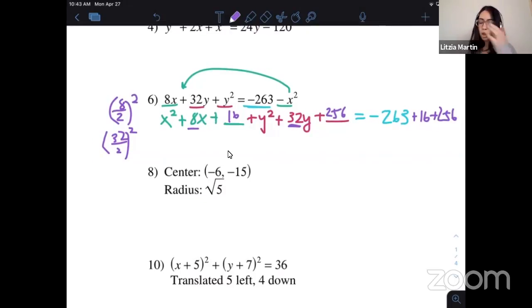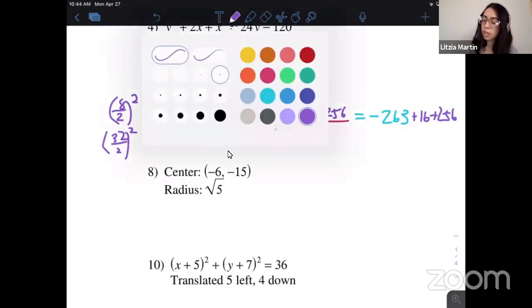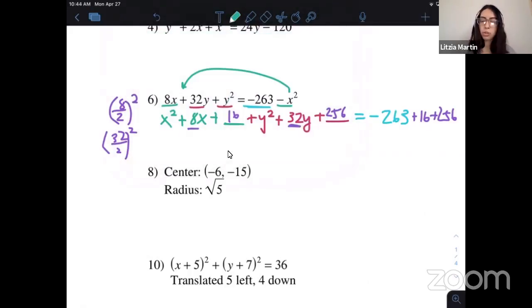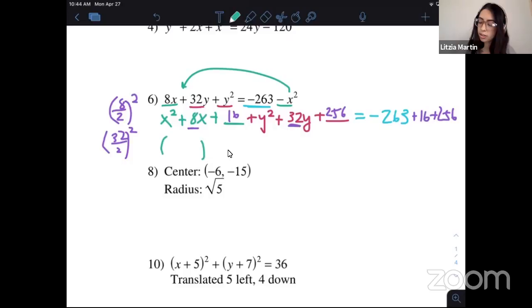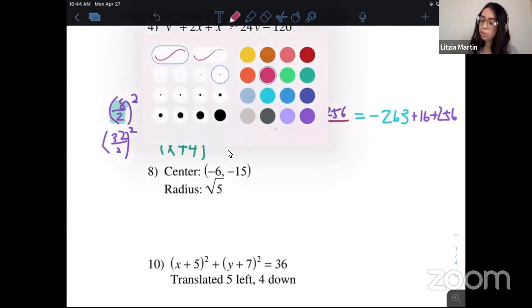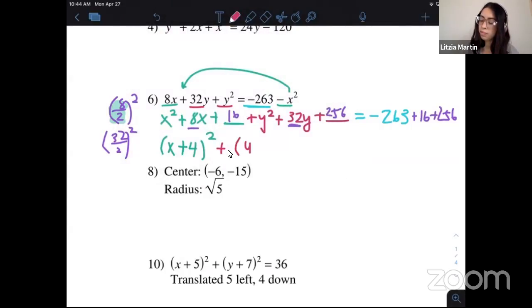Okay. So now we can complete the square. This will become x plus 4, since we have 8 divided by 2. And the y's will become y plus 16.